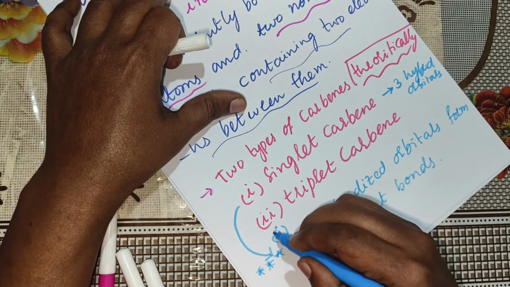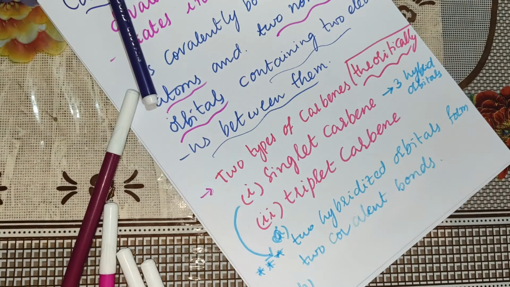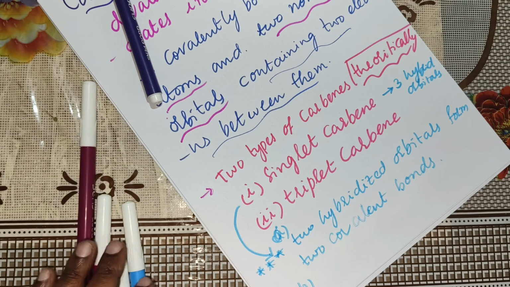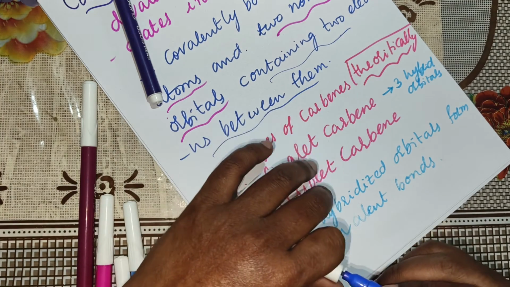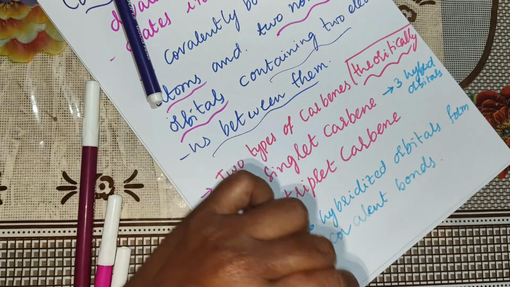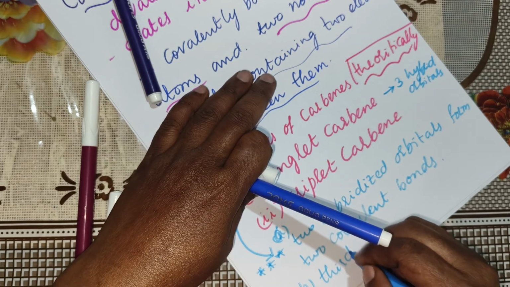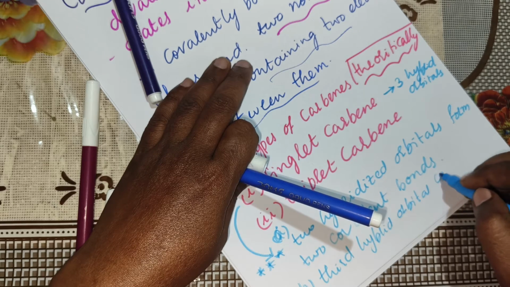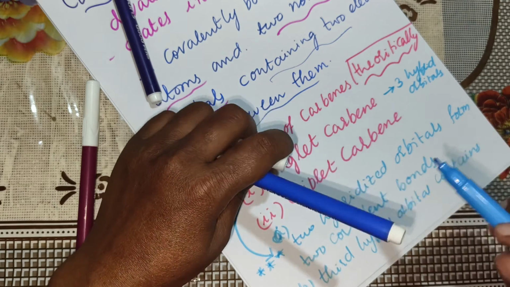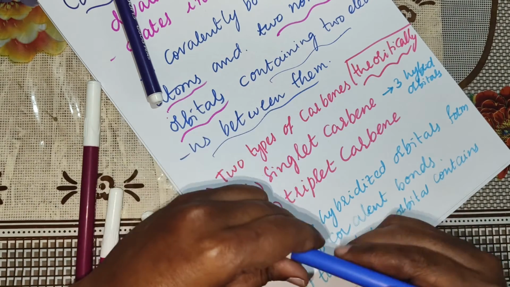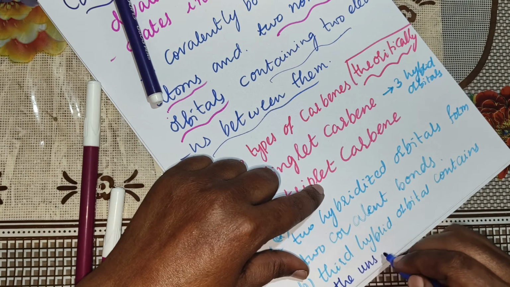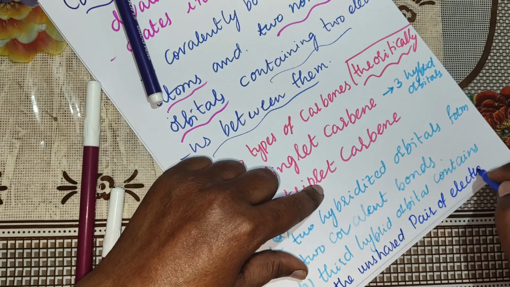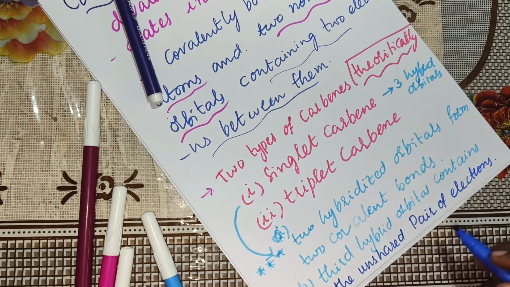And the second, case B: the third hybrid orbital contains the unshared pair of electrons. That pair of electrons is present.